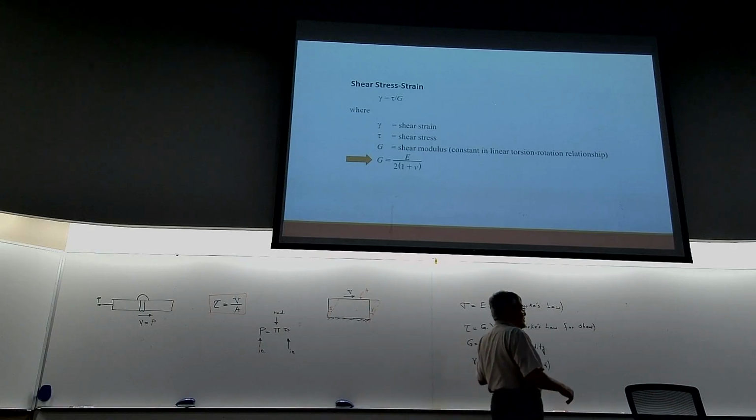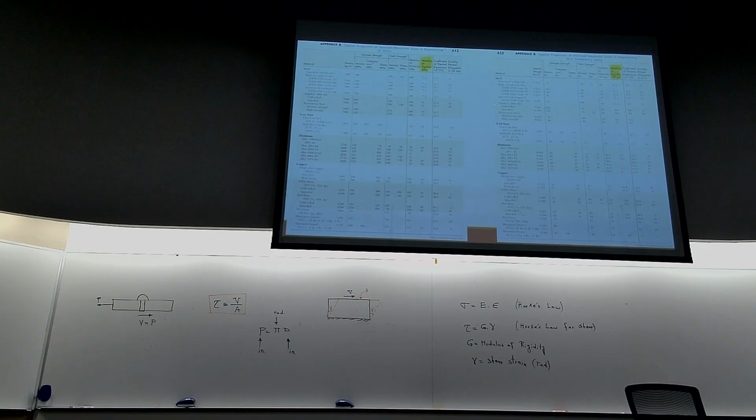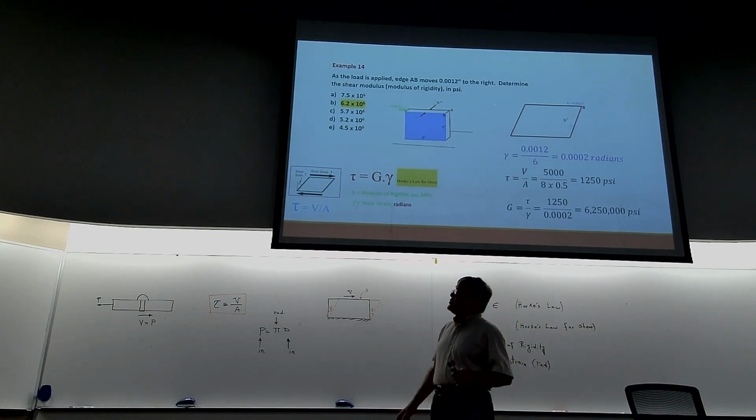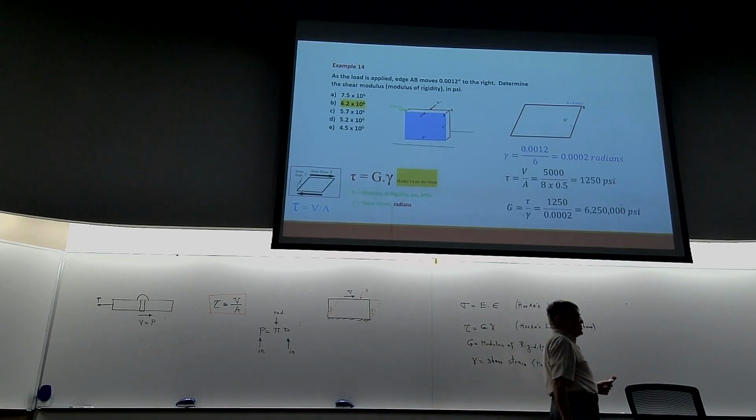Okay, we have a couple of examples. This is the first one. We have that material shown in blue, and all the dimensions are shown on this figure. Horizontally 8 inches, vertically 6 inches, and the thickness into the screen is half an inch.